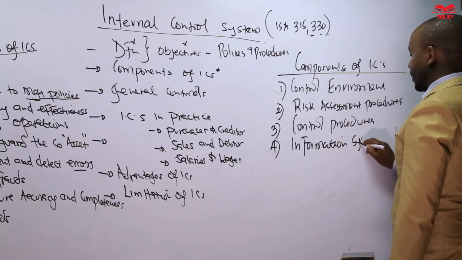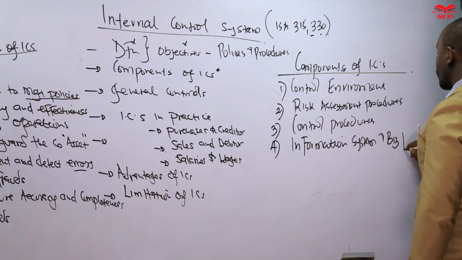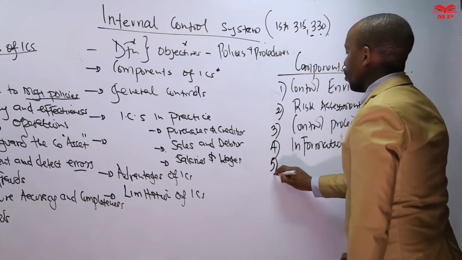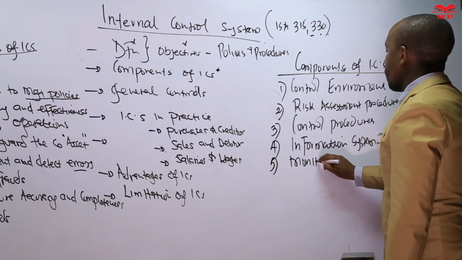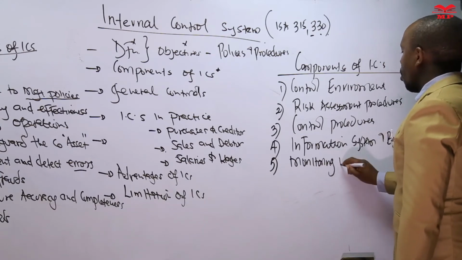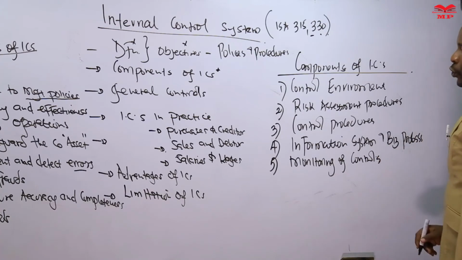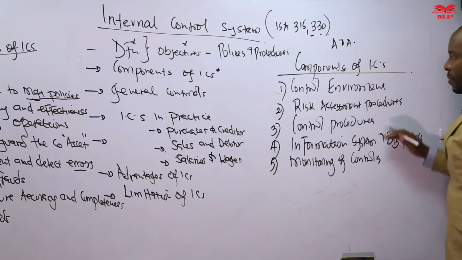That is part of the what? The components of the internal control system. Number 5, we have what we refer to as monitoring of controls. Because I'm assuming that you are doing auditing and assurance, this part is very, very important.